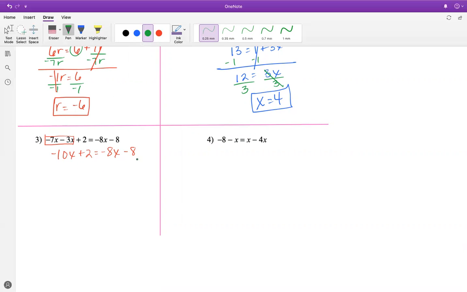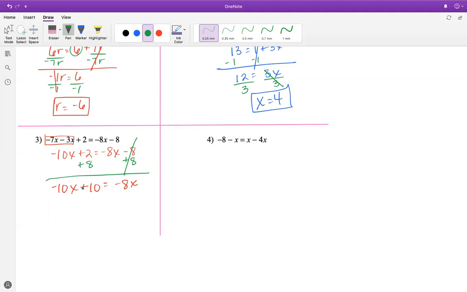Okay, so the first thing I want to do is I think I want to add this 8 to both sides. That way I can be working with positives. So those will cancel out, and I'm left with negative 10x. 2 plus 8 is going to give me positive 10 equals negative 8x.